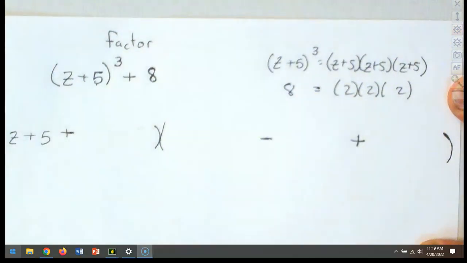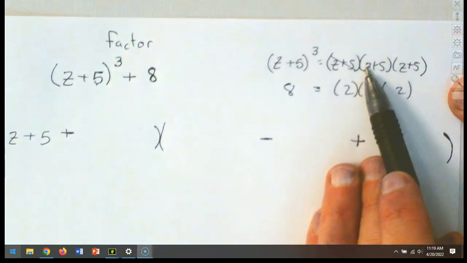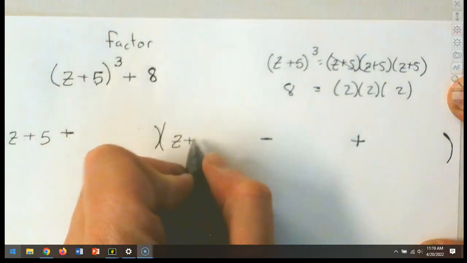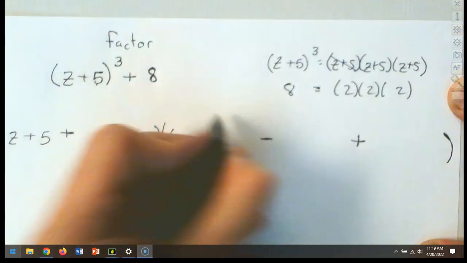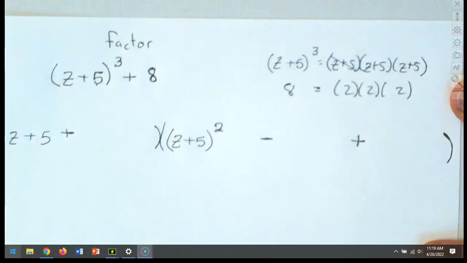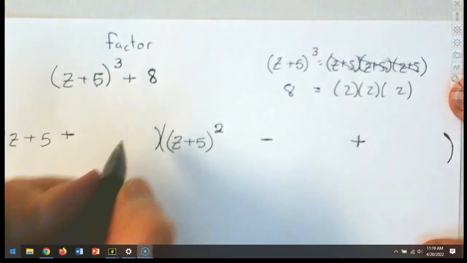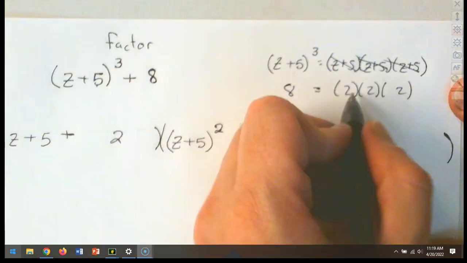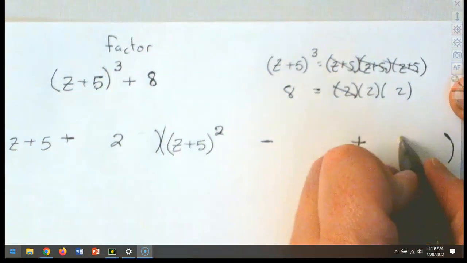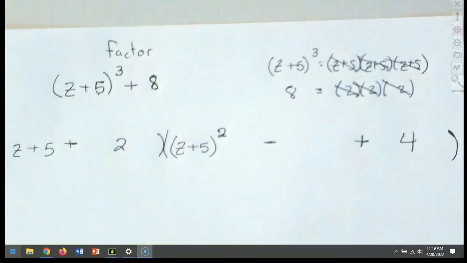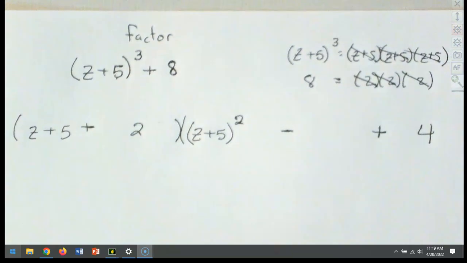So z plus 5 goes there, gone. What's left over? Z plus 5 and another z plus 5. So that is z plus 5 quantity squared. Gone, gone. Then we've got our 2 from the 8, so that's 2, gone. 2 times 2 makes it 4 on the end. And what goes in the middle?